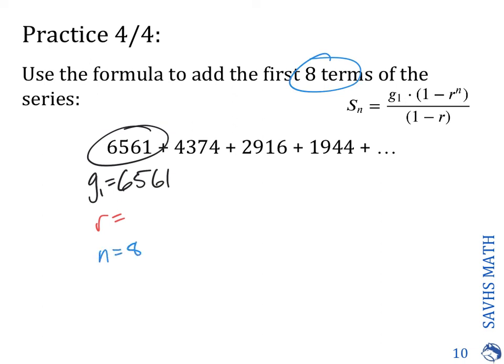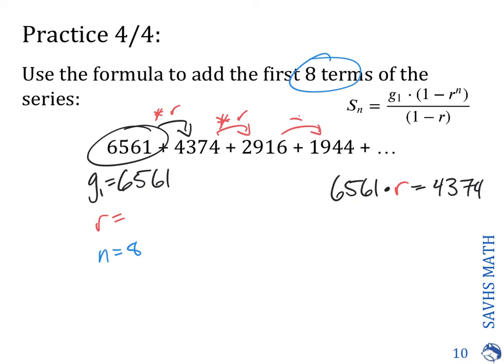Well, somehow when I take 6561 and I multiply it by R, I have to get 4,374, because that's the rule that I'm following. I'm multiplying by R. So I should be able to use algebra to get R by itself. So what I'm going to do is divide both sides by 6561.